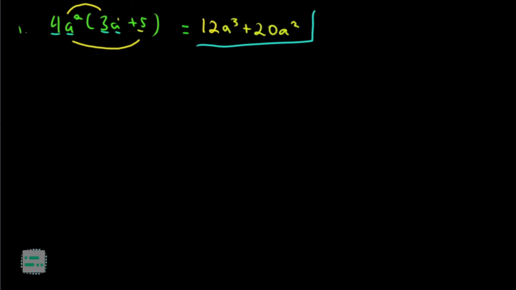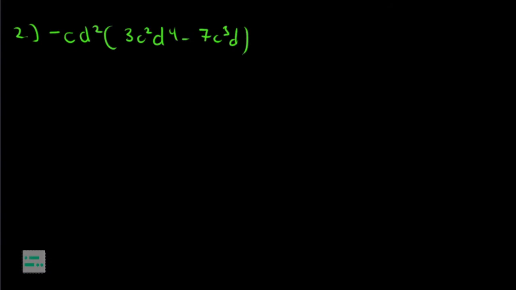Tingin pa tayo sa ibang examples. Example number 2, mas marami na yung variables na involved, pero parehas lang yung monomial multiplied by a polynomial. Negative cd squared multiplied by 3c squared d raised to 4 minus 7c cubed d.